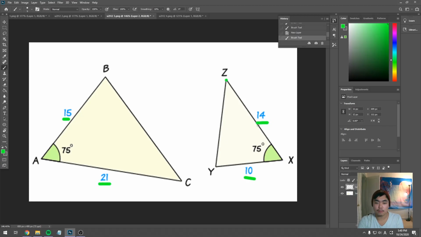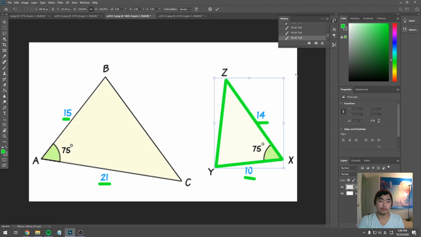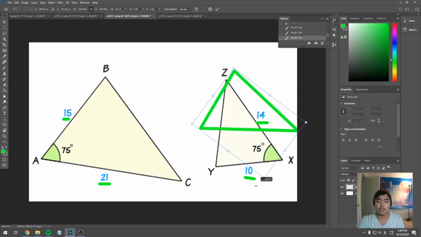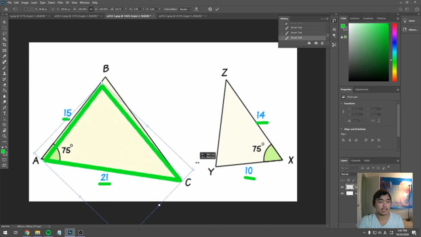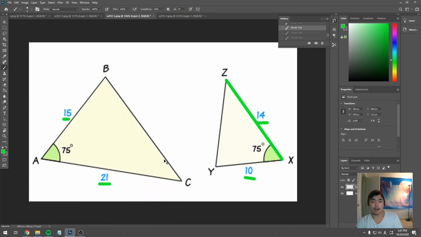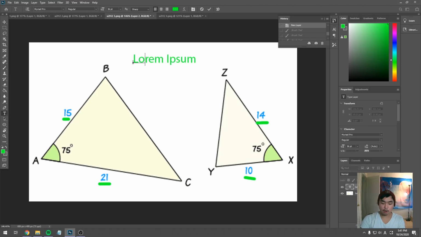In other words, what if I took this triangle and instead of reflecting it, I just turned it like this? Now it's looking more like it. Now we have a triangle that actually looks like it's similar. So let's use some numbers and figure it out. 15 over 10 this time, because we're matching it a different way. 15 over 10 is equal to 3 over 2, which is equal to 1.5.